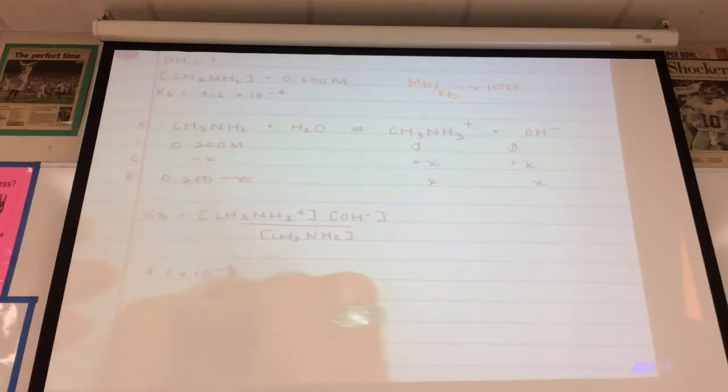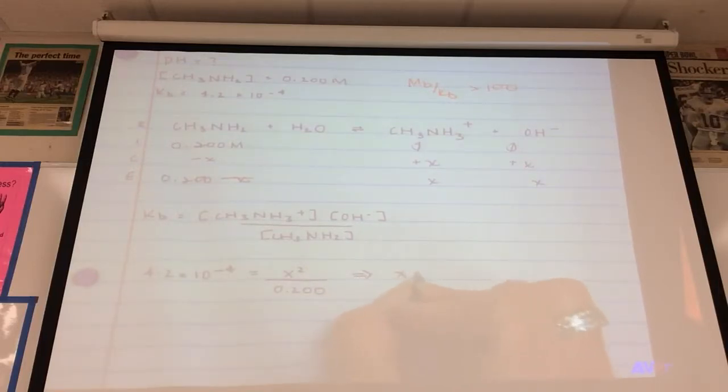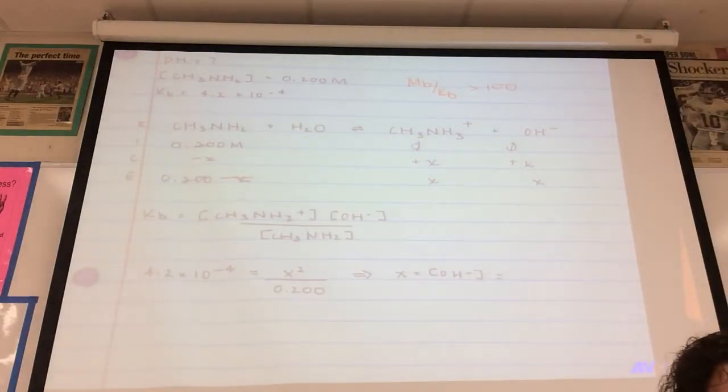What do you call that ion? Methylamine ion. Here's your methyl and there's your amine. Don't forget to take the square root or you're going to crash.